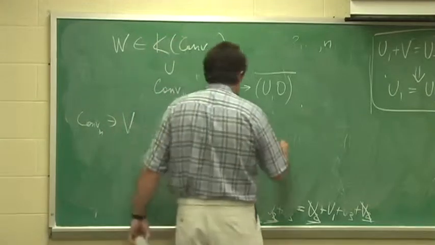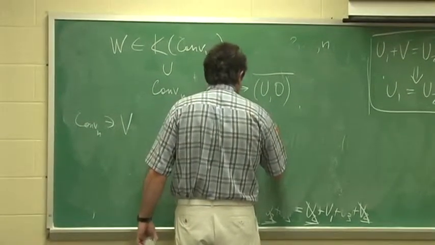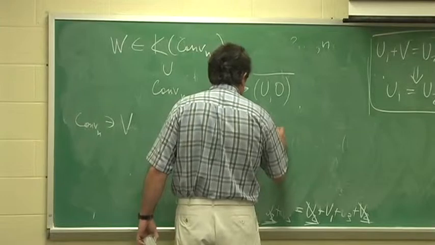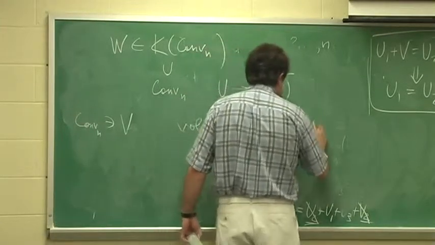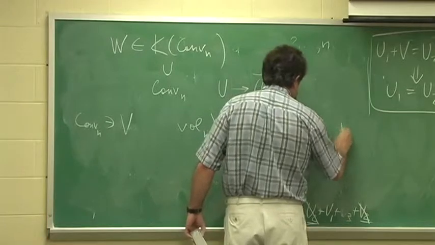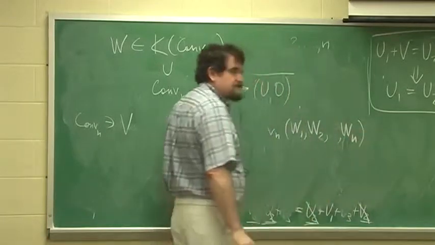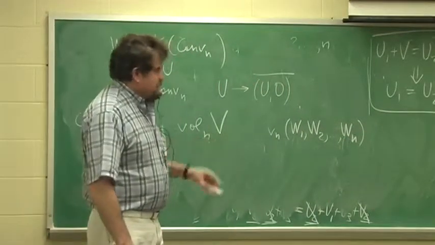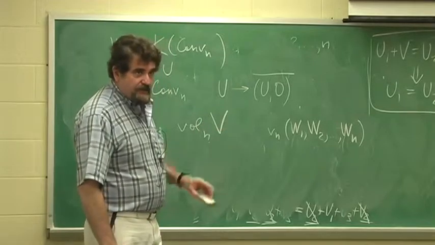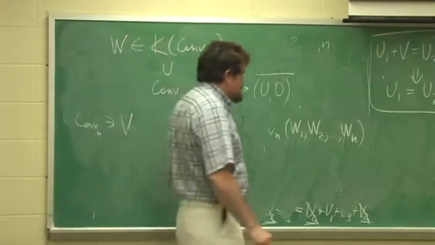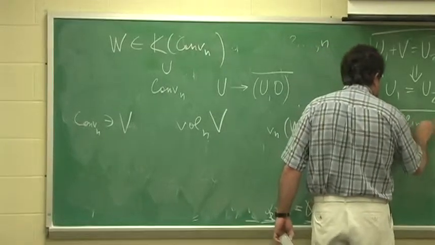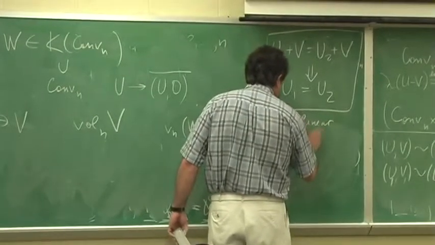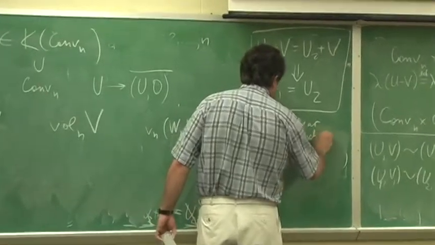V_n of W1, W2, and so on, is a form, and it will be fully defined in just a moment, with the following properties. It is linear in each argument.